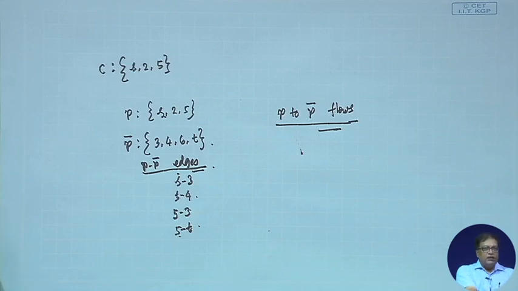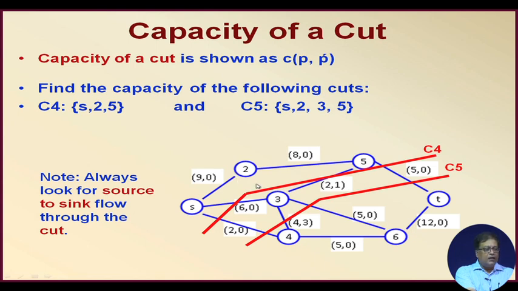Again look at this slide. S to 4 and S to 3, these capacities are 6 and 2, 8, and 5 to 3 capacity is 1, right. We do not have to take 3 to 5, we have to take 5 to 3.